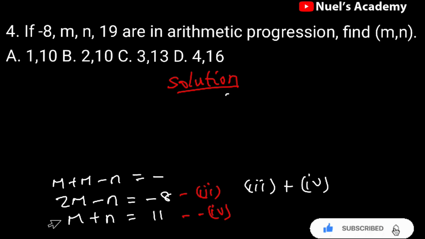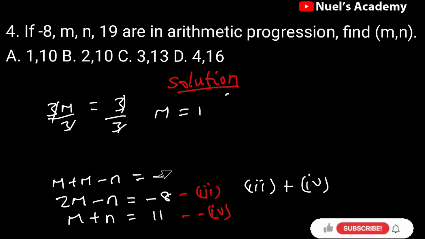So let's add them. 2m plus m is equal to 3m. Now minus n plus n is 0, so we have equals to minus 8 plus 11 equals to 3. So let's divide both sides by 3. This and this will cancel. 3 divided by 3 is 1. So we have that m is equal to 1.